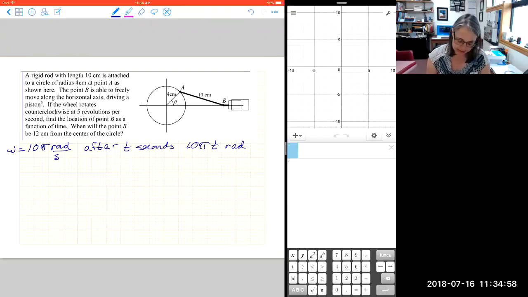We care about that because what we need to do is express the position of this point as a function of time. So the coordinates of that point are the radius times the cosine of the angle and the radius times the sine of the angle, right?